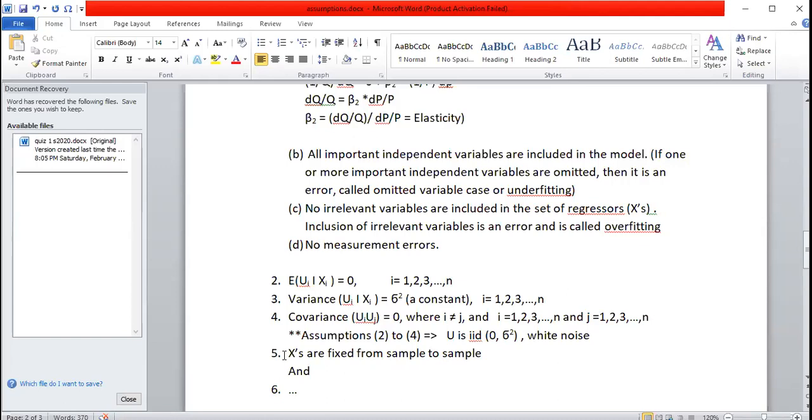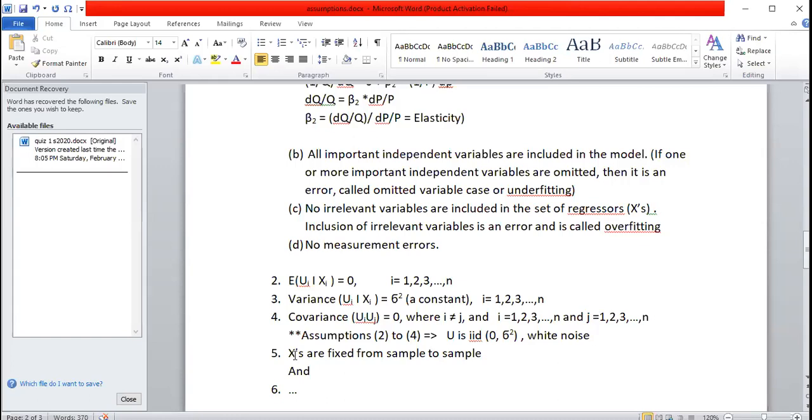And then the final one, that X values, the values of the independent variable, remain the same from one sample to another sample. They cannot change. So as I said, if I collect a sample, X values will be the same, like 80, 100, 120, 140, and so on.